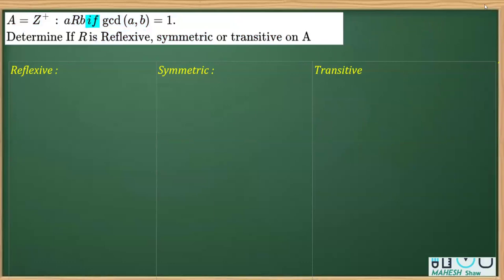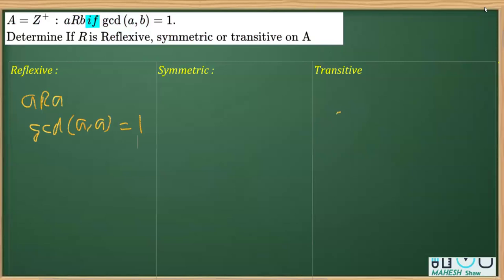Now we need to check whether it's reflexive, symmetric, or transitive. For reflexive, we replace b with a. Let's say aRa means GCD of a, a is equal to 1, and that is what we have to decide.